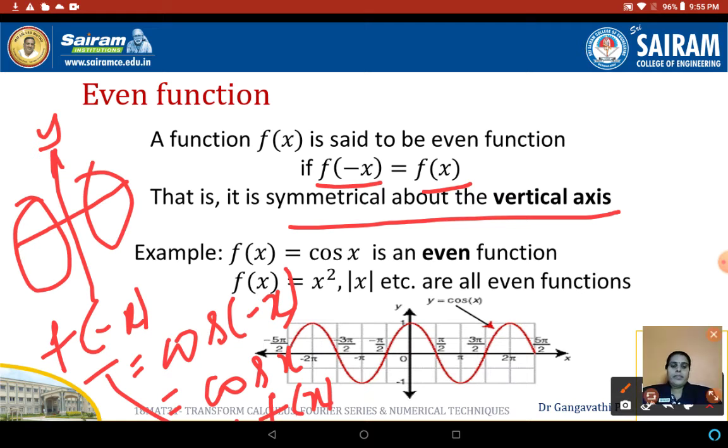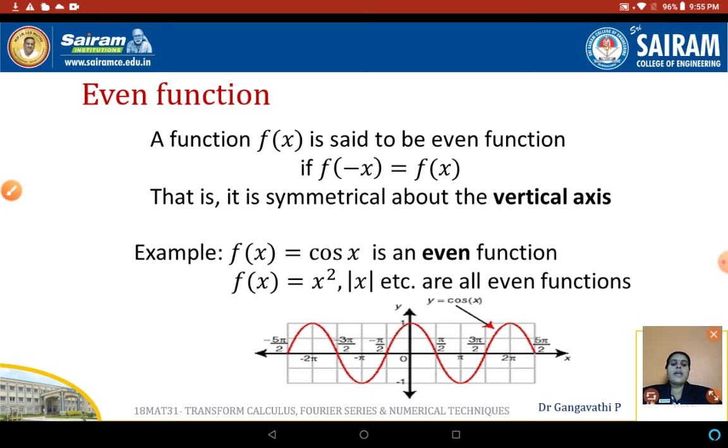Similarly, f of x equal to x square and mod x are a few other examples of even functions. You can also verify by yourself by replacing x with minus x, and if you get back your original function, then such functions are called even functions. How the even function waveform looks, I had shown in the PPT. The even function is symmetrical about the y-axis, the vertical axis. You can observe in the graph, this is the vertical axis.